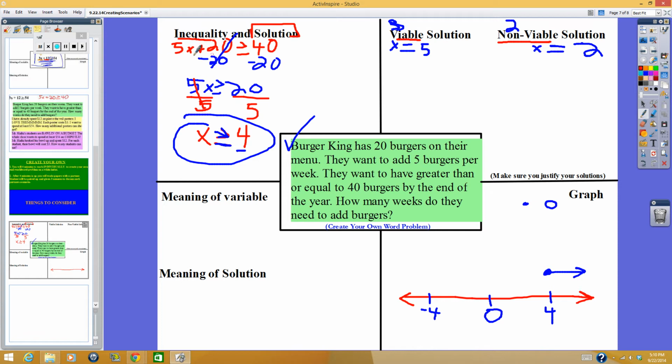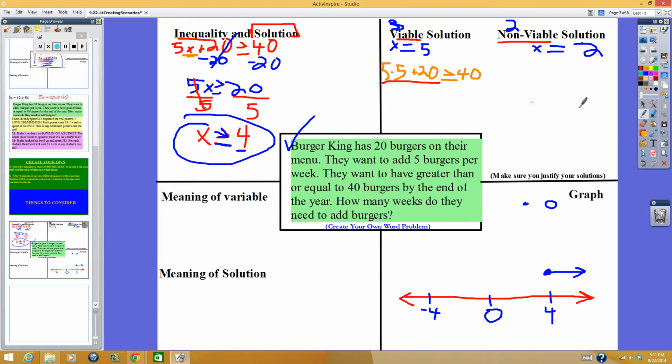Now, for this viable and non-viable solution, remember you have to be able to prove it. So we're going to plug it back in to this original inequality, okay? So I'm going to write 5 times, instead of x, it's going to be 5 here. 5 times 5 plus 20 is greater than or equal to 40. We multiply first, so 5 times 5.